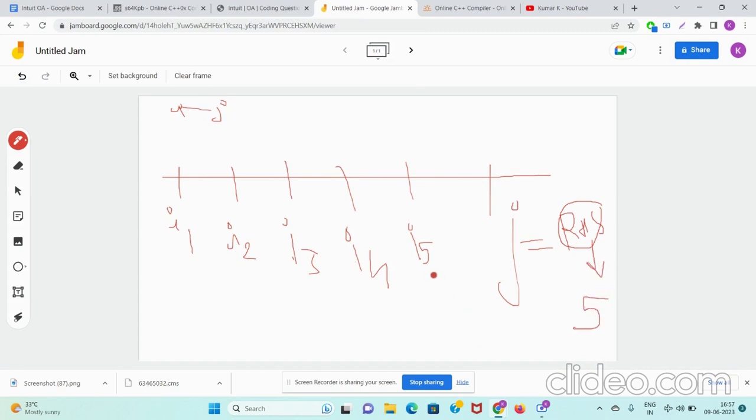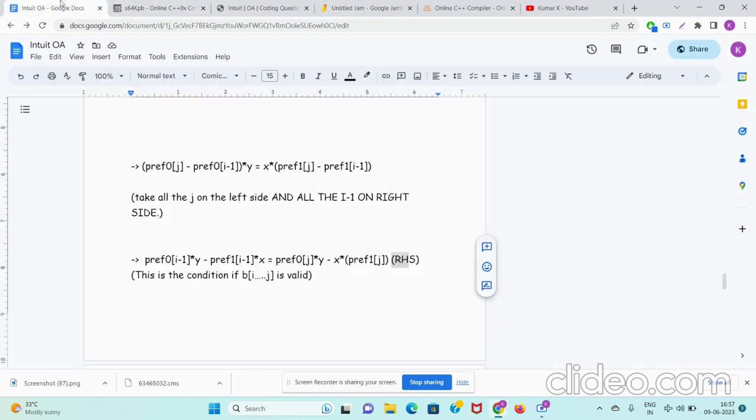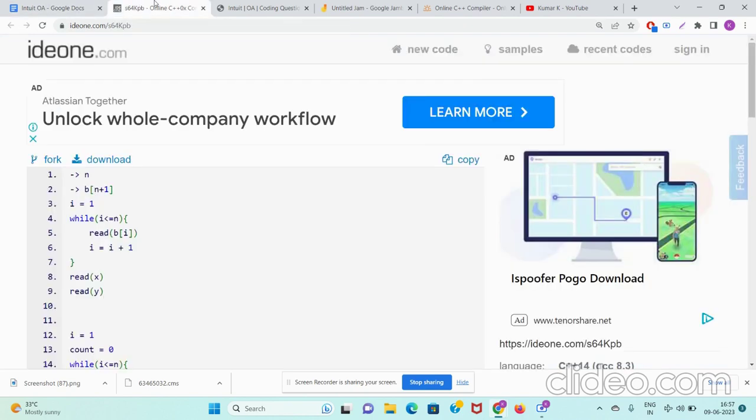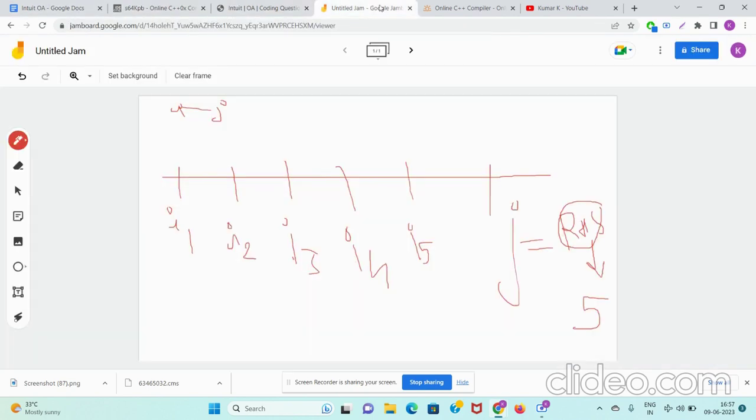Now this should be equal to the LHS. What is LHS? For each index you can calculate the LHS. LHS is pref 0 of I minus 1 into y minus pref 1 of I minus 1 into x. Say you calculate the LHS for these. Let's call them L1, L2 and so on.